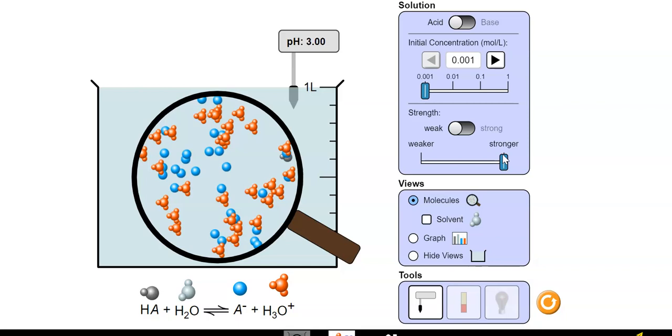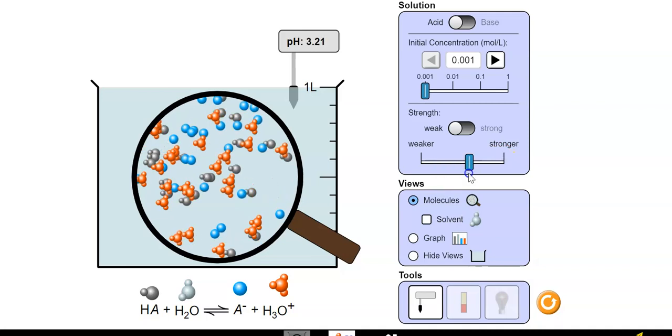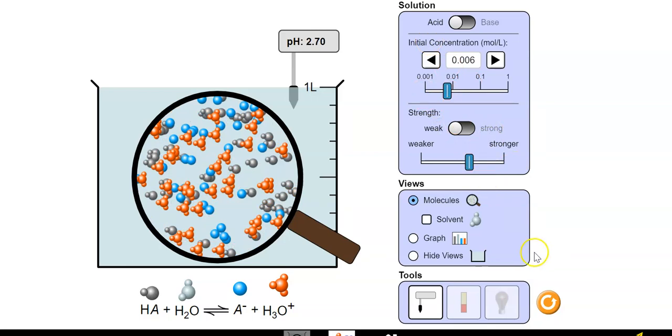And remember that the level of dissociation is what determines the strength of the acid. So if something dissociates more, it's going to be a stronger acid because it's donating more hydronium ions. And then again, you can watch the pH as you do that. You can put concentration anywhere you want. So you've got two variables here that you can adjust and see what happens to the pH, the equation, and the visual. So those are the main features of the simulation.